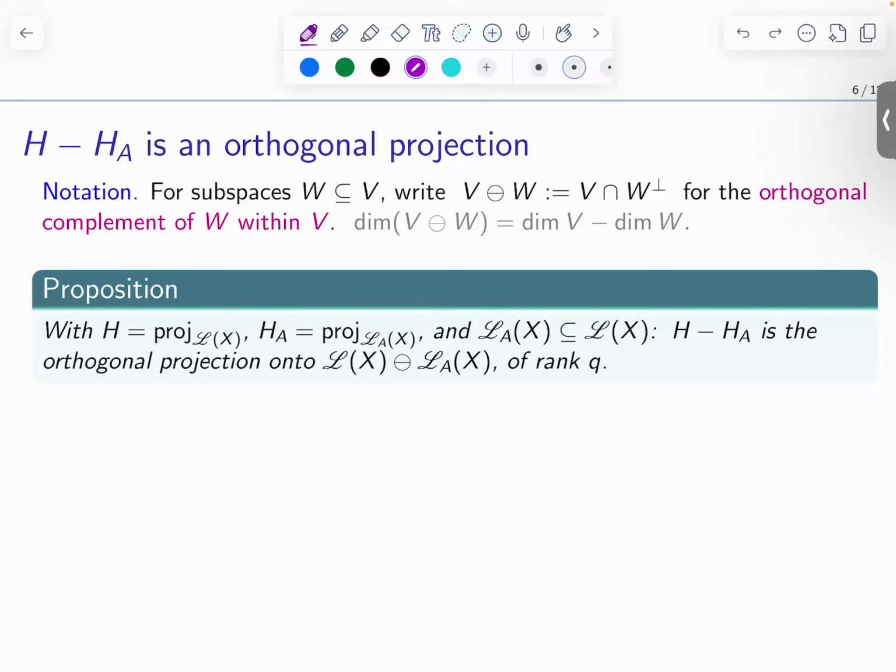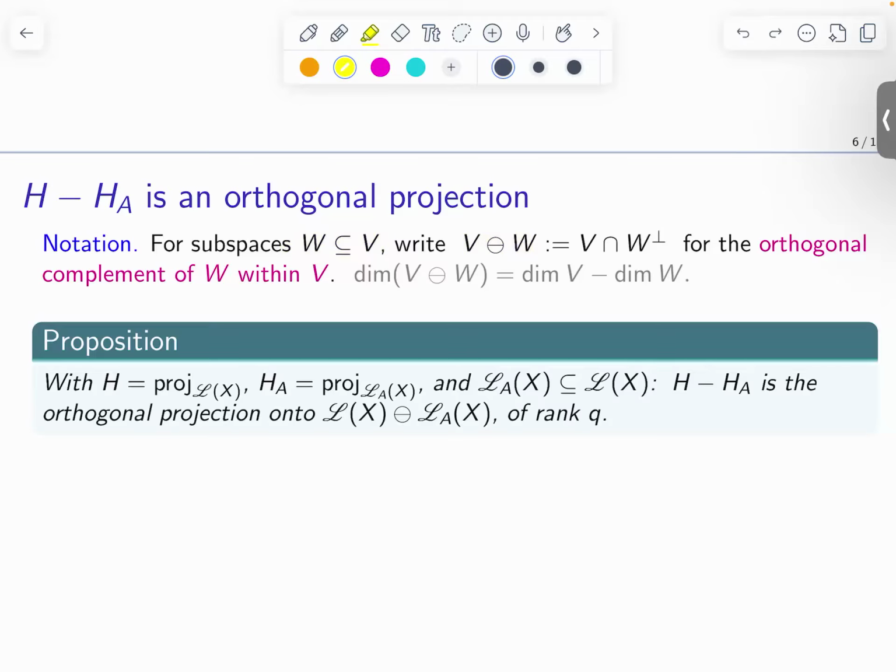This notation I already introduced: if you have two subspaces, W inside V, then we write V minus W to denote V intersect W perp. This is called the orthogonal complement of W within V.